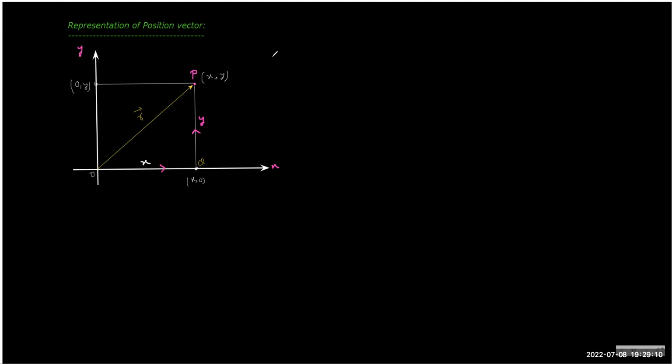So our R vector will follow the triangle law. Using triangle law, can we say OP vector is equal to OQ vector plus QP vector, correct? This is a very basic triangle law.